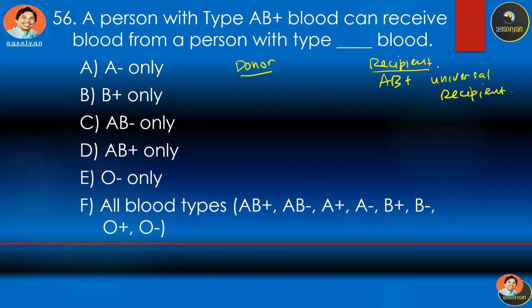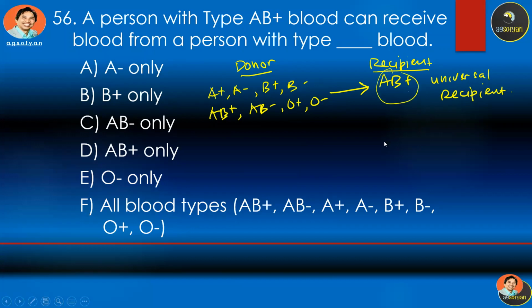Because he is a universal recipient, he can get blood from any blood type. So A plus, A minus, B plus, B minus, AB plus, AB minus, O plus, O minus. All of them can give blood to AB plus. So all blood types.